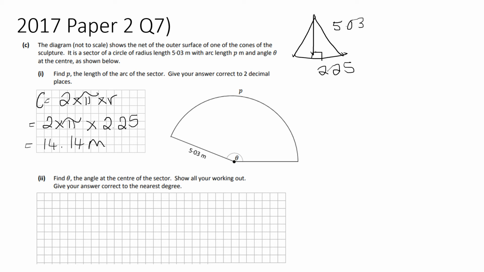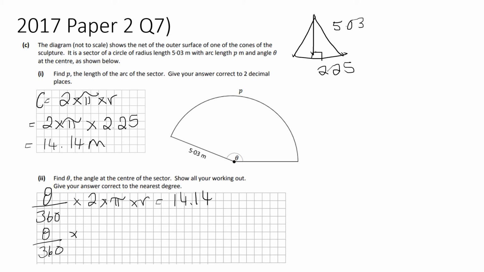Now, to find the angle at the center of the sector, show all your working out, and give your answer correct to the nearest degree. If you're looking for the angle of a sector, you usually put the angle over 360, and then you multiply it by 2 pi r. We don't know what the angle is, and we know that the arc length here is 14.14, so I'm going to make it equal to 14.14.